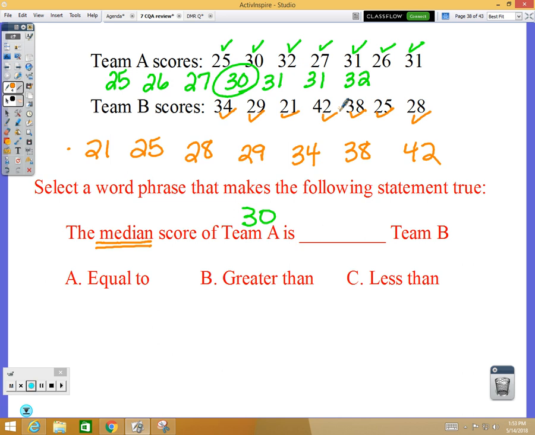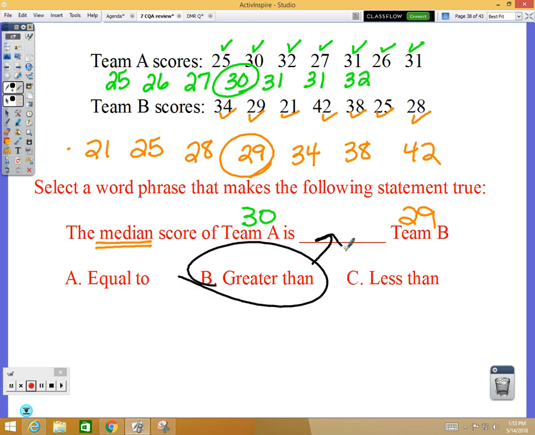Okay, good deal. And the median there is 29. So we can say the median score of Team A is greater than Team B. Okay, greater than. Make sense on that?